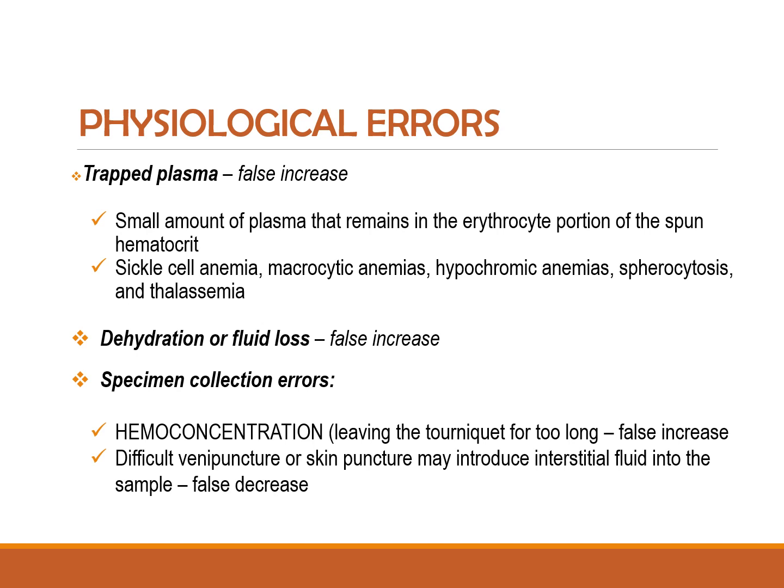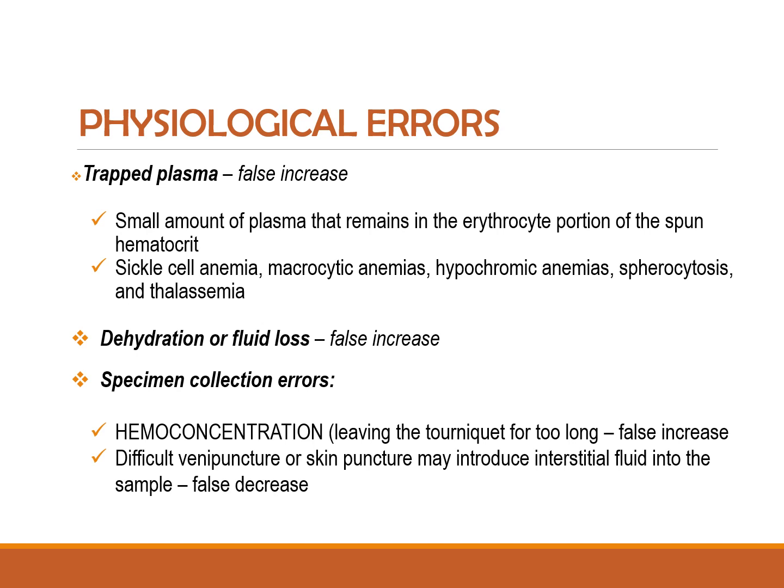There is a false increase of hematocrit results as much as 1 to 3% or 0.01 liter per liter to 0.03 liter per liter.